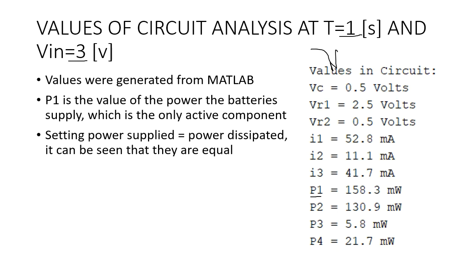P dissipated is P2, P3, and P4. If you add these together, you have 158.3, apologies for the handwriting, is equal to, using my calculator, 130.9 plus 5.8 plus 21.7. That gives you 158.4. While there is some deviance there, that is most likely due to the computer's rounding, it checks out. So the values generated by my analysis are correct.